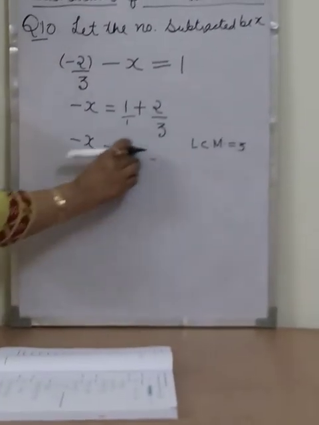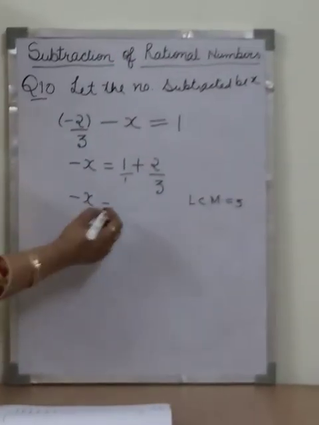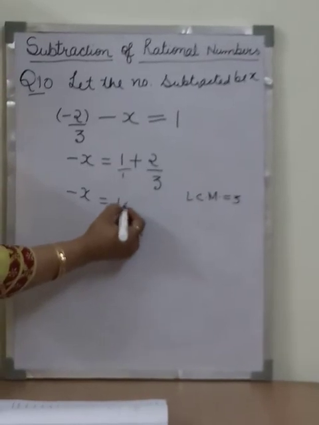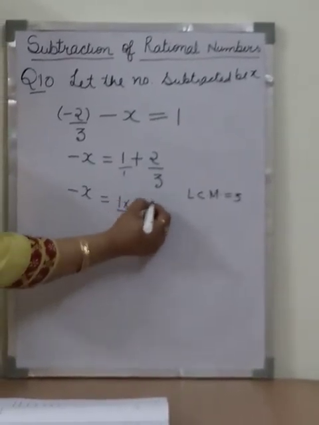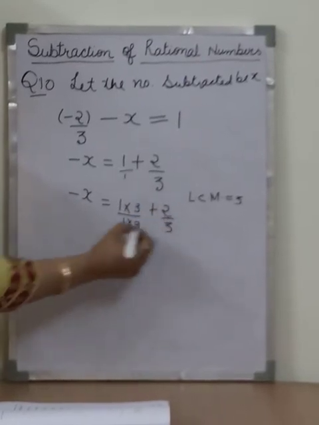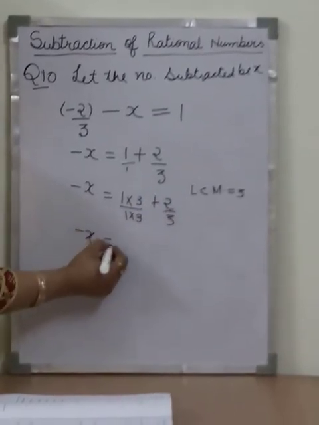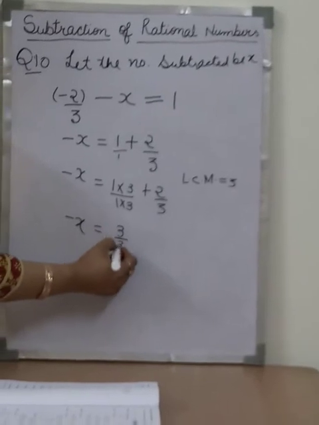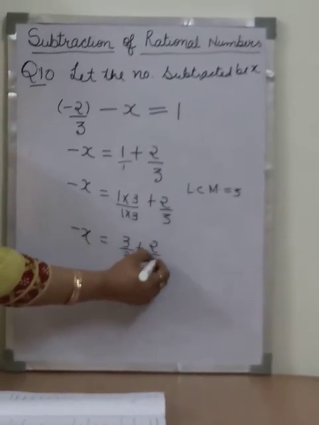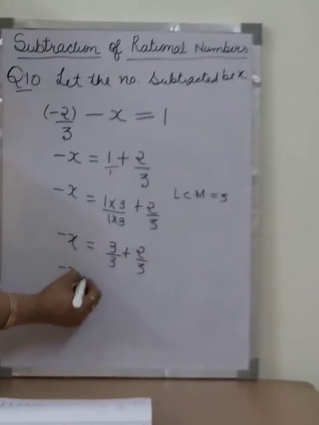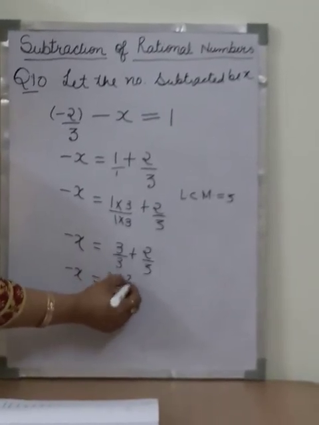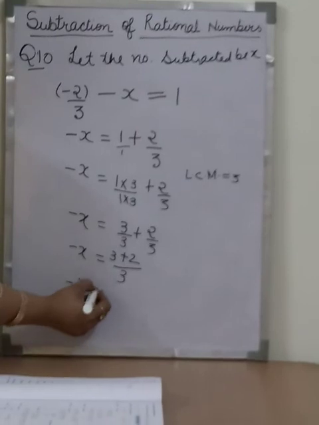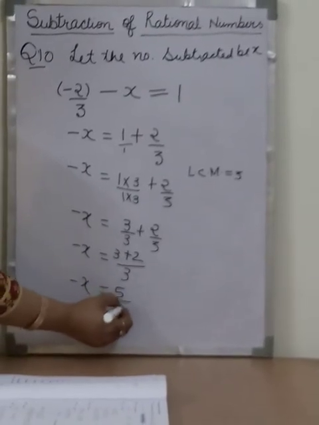What should be multiplied to 1 to get 3? It is 3. Minus x is equal to 3 by 3 plus 2 by 3. Minus x is equal to 3 plus 2, that gives you 5. Minus x is equal to 5 by 3.